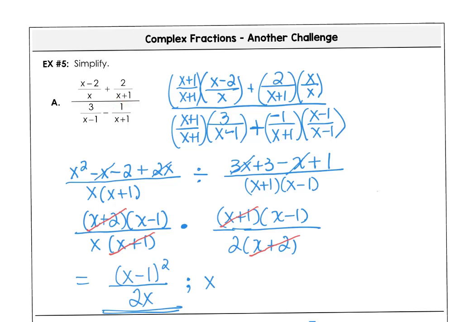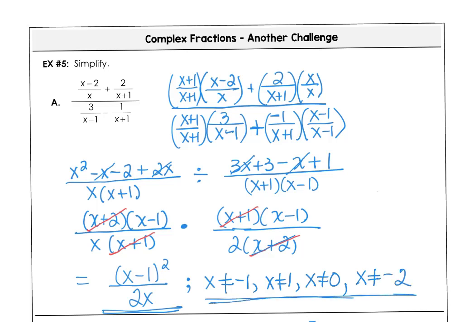And down here, we can't have a negative 2. So lots of restrictions there. So we said we can't have a negative 1 or a positive 1 or a 0. And then when we got down here, we canceled this x plus 2, so we can't have a negative 2. And I think we got them all there, so lots of restrictions there.